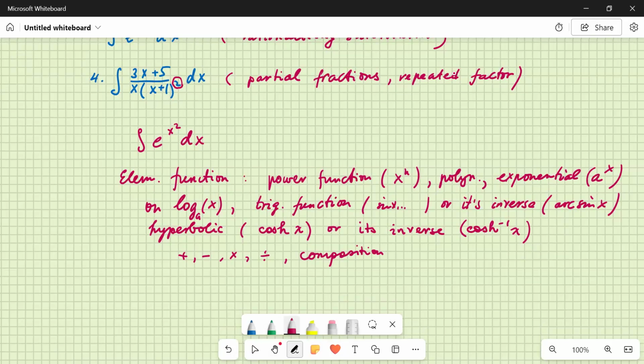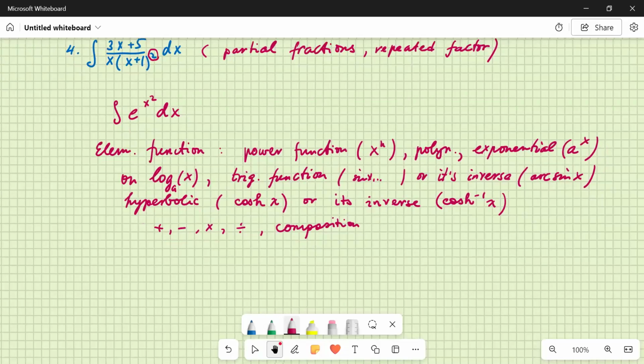There is no formula for an integral like this, but you still can find the integral because remember, the definite integral is the area under the curve. And the derivative is a function you differentiate and get the expression from under the integral. We know for sure that there is no function which produces the derivative e to the power of x squared. You cannot create it. But you can define such a function numerically.